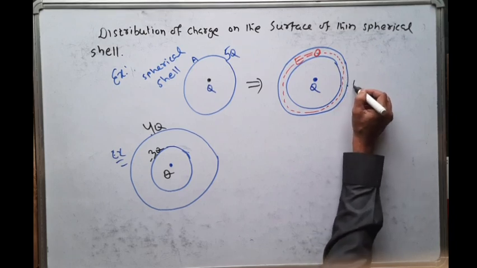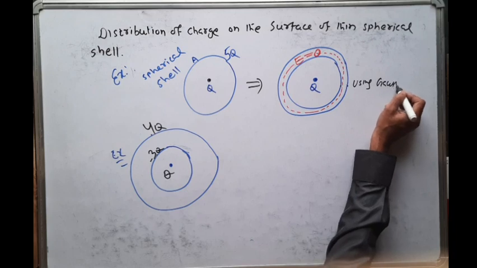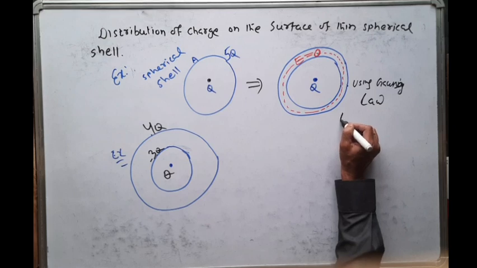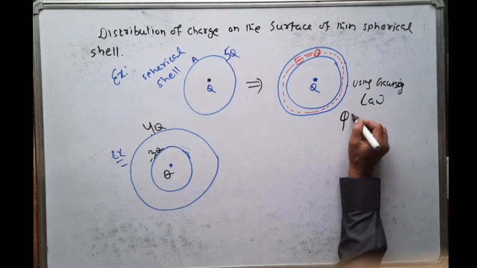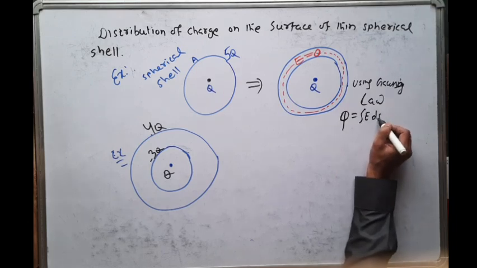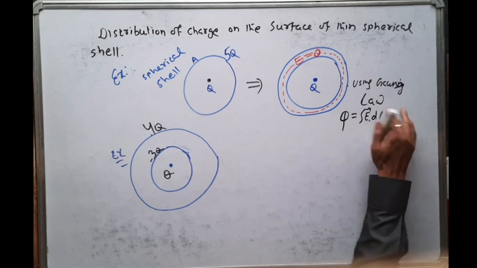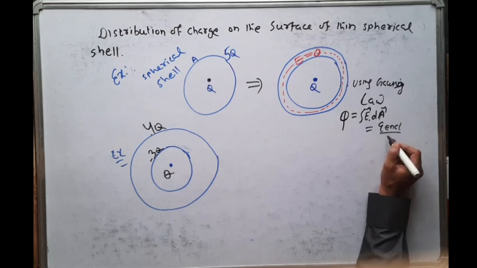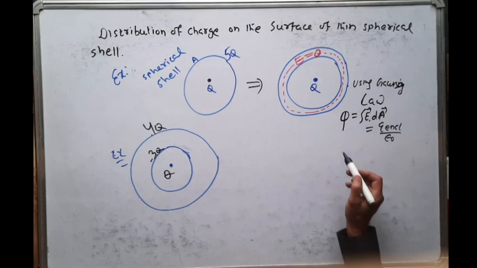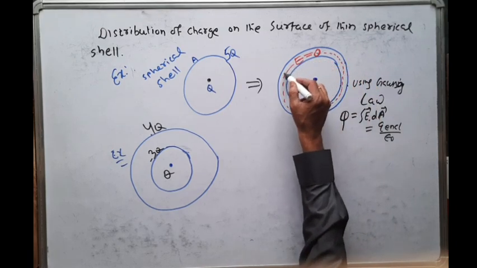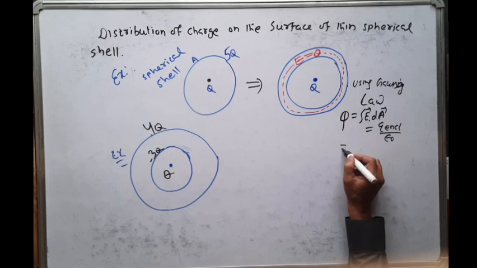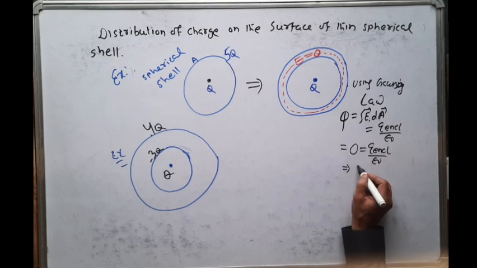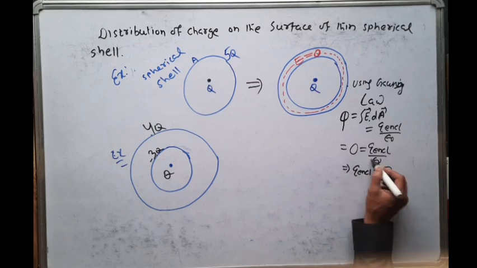Gauss law says the electric flux, which is the integration of E dot dA over the closed surface, is equal to the charge enclosed by the Gaussian surface divided by epsilon naught. Since the electric field inside the shell is 0, E is 0, the integration is 0, that implies the charge enclosed divided by epsilon naught is 0. So the charge enclosed by the Gaussian surface is equal to 0.